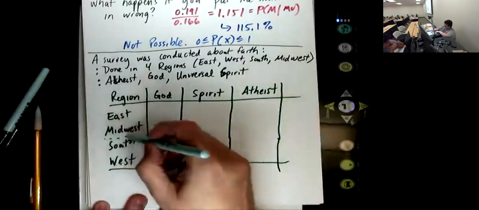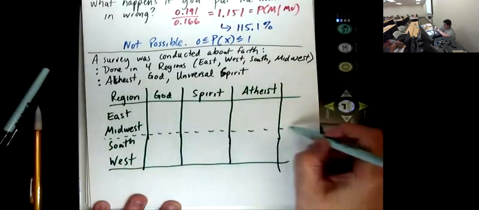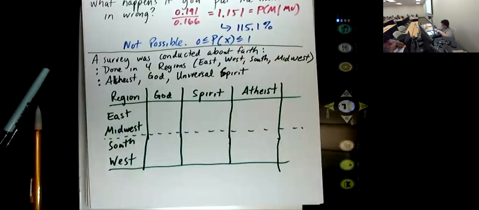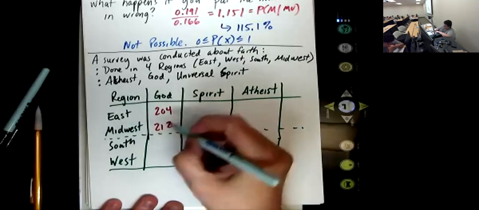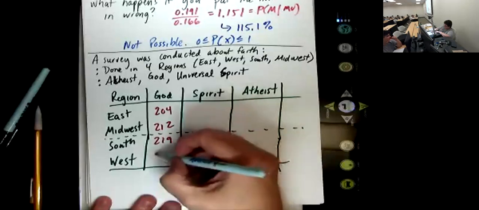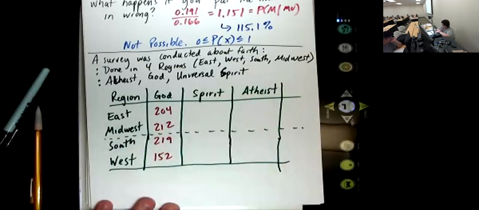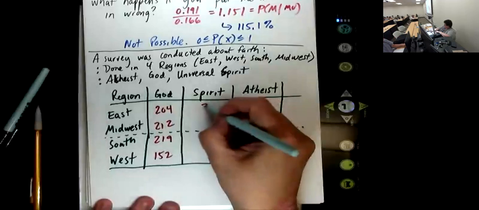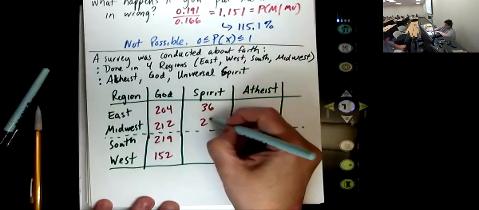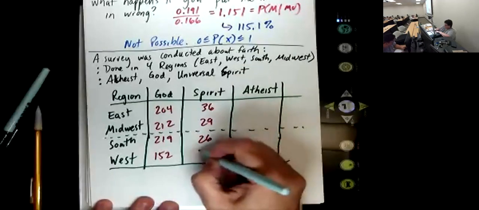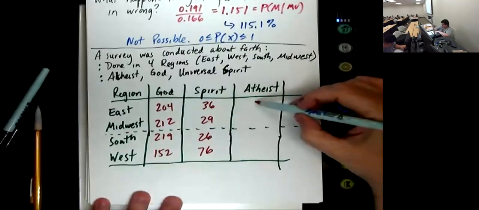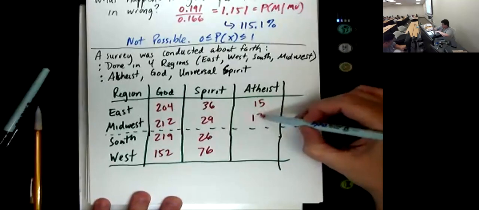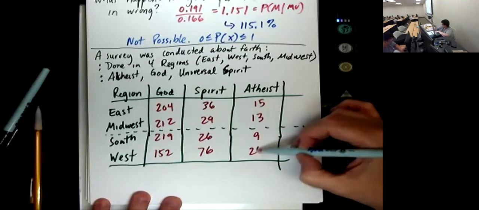Maybe I'll put a little dotted line between the middle of the two so it's easier to see which one's which. We have 204 here, 212 here, 219 here, and 152 here. 36 here, 29 here, 26 here, and 76 here. 15 here, 13 here, 9 here, and 26 here.